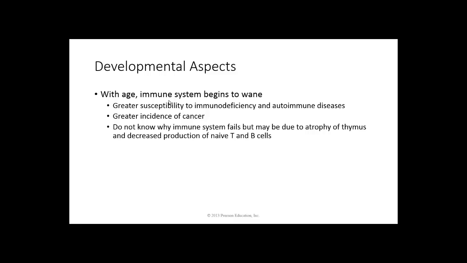But we do know that the thymus, which is where T cells mature, decreases significantly in size after childhood, and it turns to fat. So you don't even see the thymus gland on the surface of the heart visible in adults because it atrophies, but we do see a larger thymus gland on the top of the heart in children. So that might be why, because of the decreased maturing of those T cells.